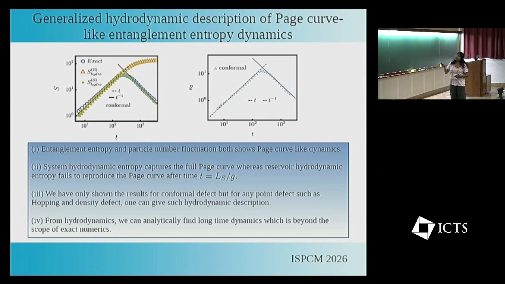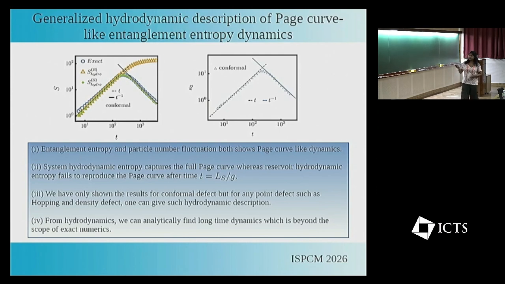The particle number fluctuation from the exact numerics gives a similar feature to the entanglement entropy dynamics. This kind of dynamics is known as Page curve-like dynamics, because in the context of black hole evaporation, Page showed that the entanglement between the black hole and the radiation shows this kind of dynamics: it initially starts from 0, goes to a maximum, and then goes again to 0.